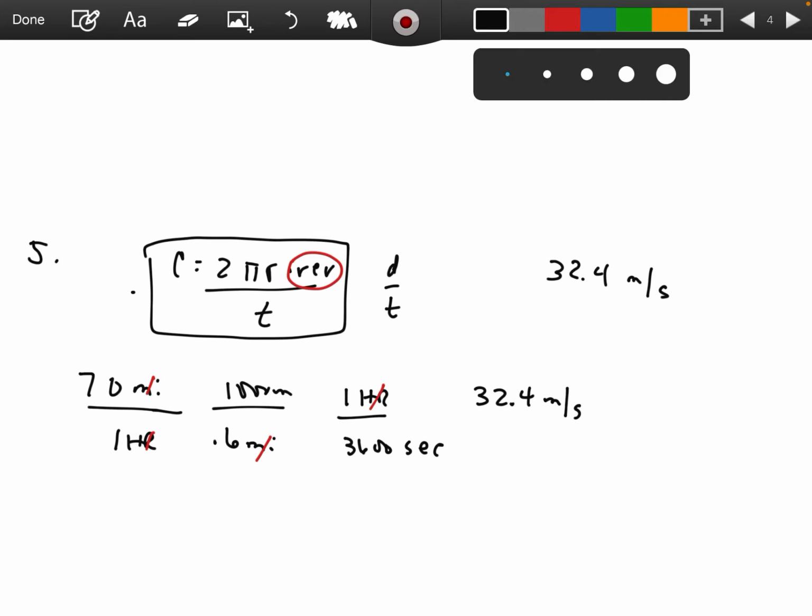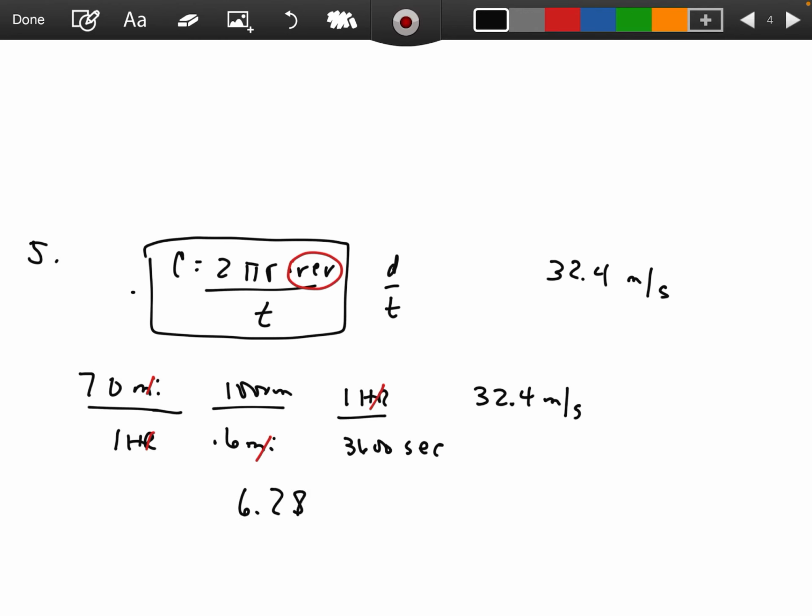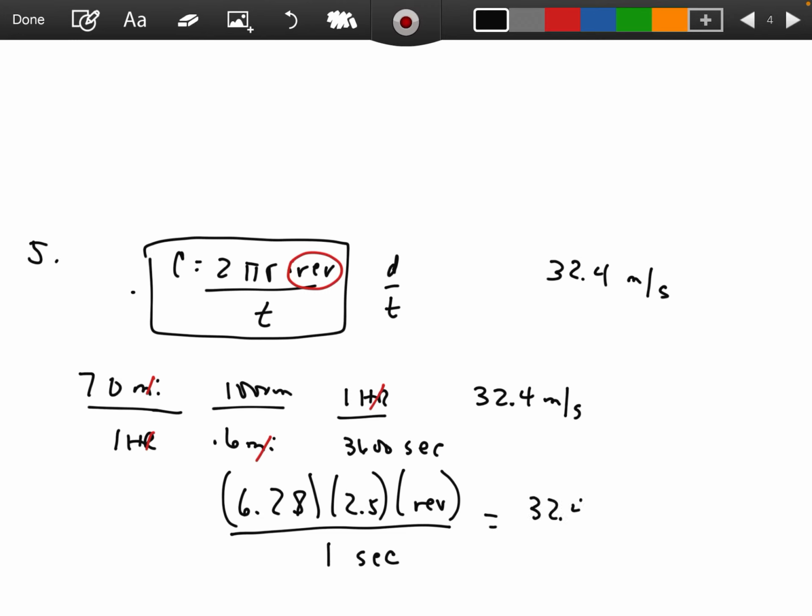So I've got 2 pi, which is 6.28, times the radius, which is 2.5, times the number of revolutions over 1 second has to equal 32.4 meters per second.